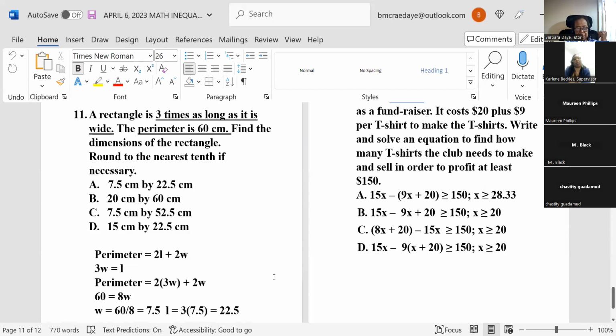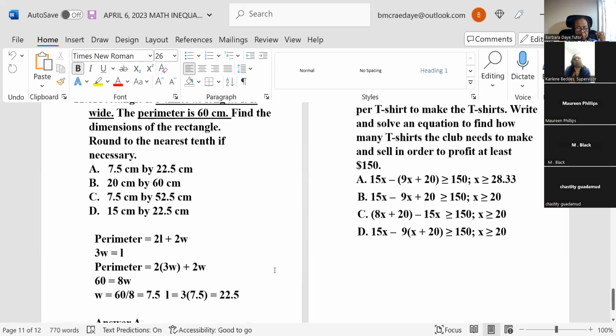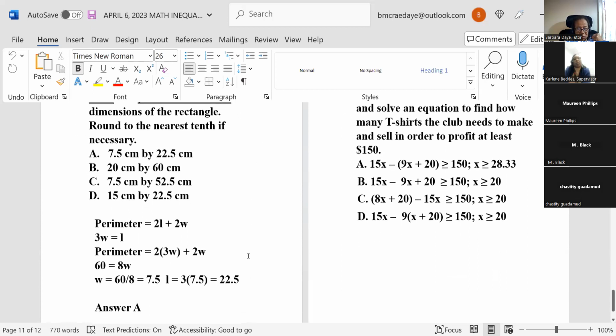Mercedes, is that clear? So you're saying that after you work out and get the 7.5, then you have to multiply the 3 to get the length, because they told us that the length is 3 times as long as it is wide. So you still have to go back and use the 3.